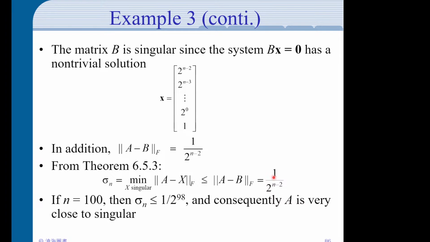So let's write down here: for a defective matrix, lambda and sigma can be very different.